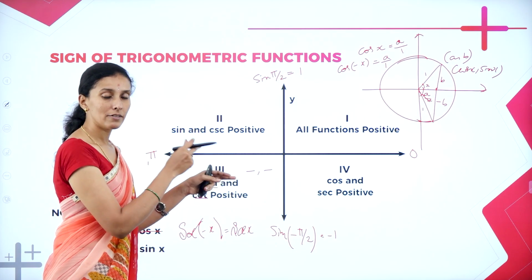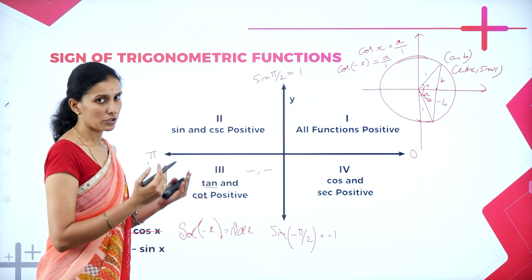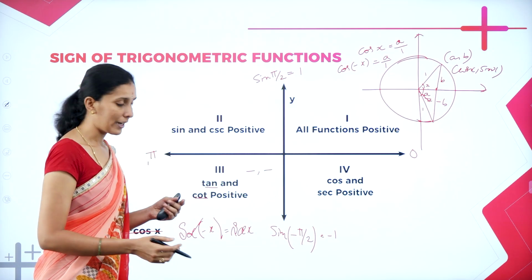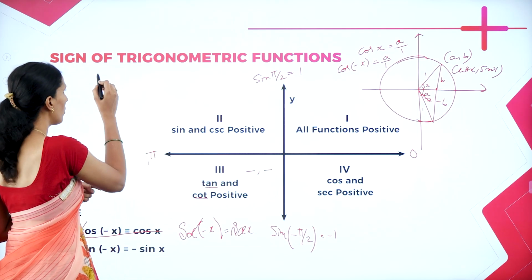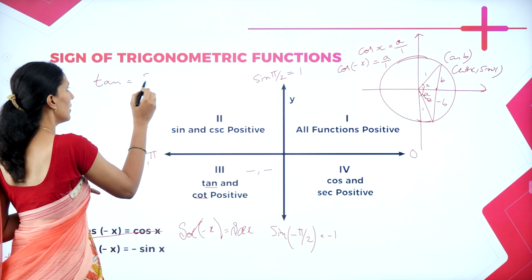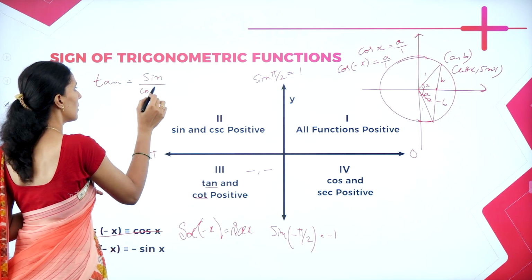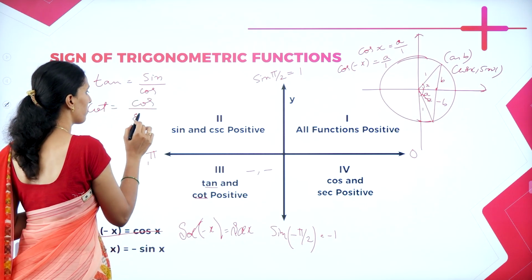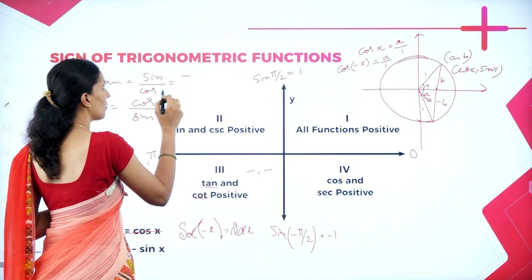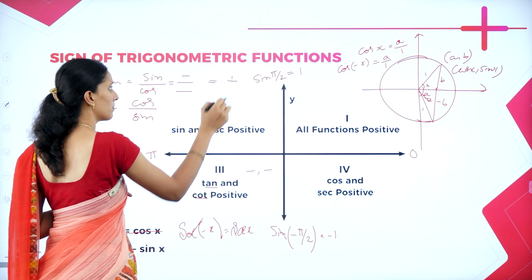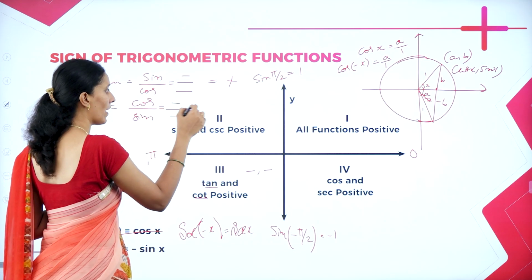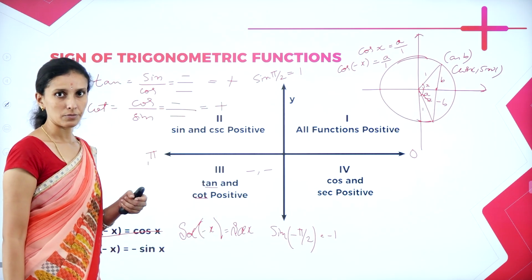If cos is negative, secant is 1 by cos, which is negative. Sine is negative, 1 by sine, cosecant, is also negative. Well, tan and cot, we know tan is sine by cos and cot is cos by sine. Sine is negative, cos is negative, so your tan is positive. Cos is negative, sine is negative, so your cot is positive.